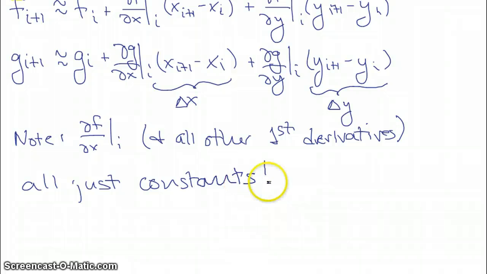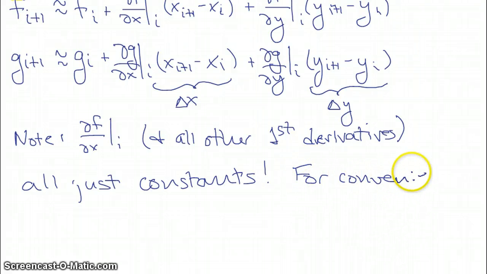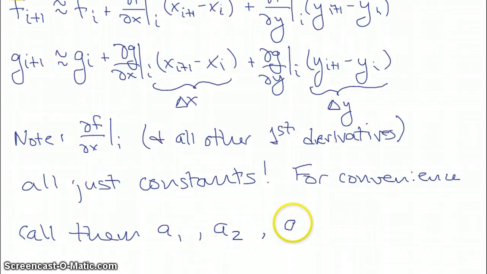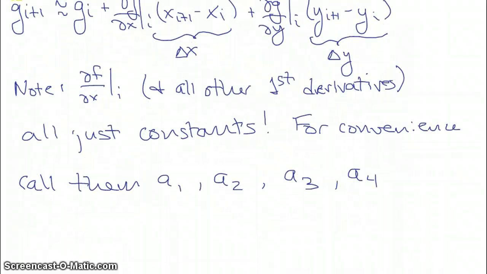And the reason why they're constants is because we are evaluating them at xi and yi. So for convenience, we're going to call them a1, a2, a3, and a4. And I found what this does is it sort of takes the mystery out of this, so we don't have to look at a whole bunch of partial derivatives. All we're looking at are a whole bunch of constants.